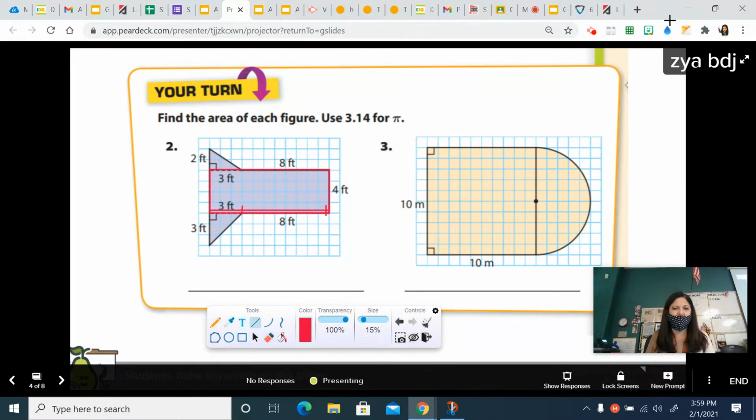So it can't be 8. What would it be? What do we have to add to this long line? 8 and 3 more, which would give us 11. So if you're going to do it this way, just know that this whole thing would be 11, and we multiply it by the height, which is 4. And find your area to this, then find your area to this triangle, then find your area to this triangle. All right, try it on your own.